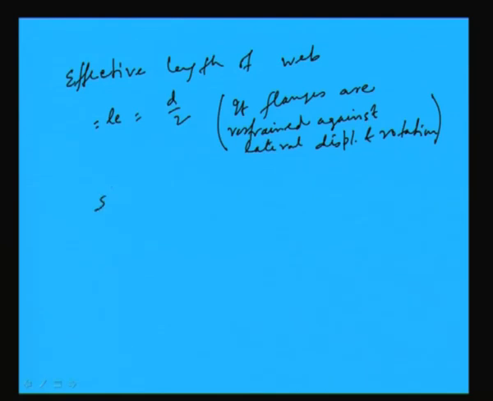So, the slenderness ratio lambda will become LE by RY.